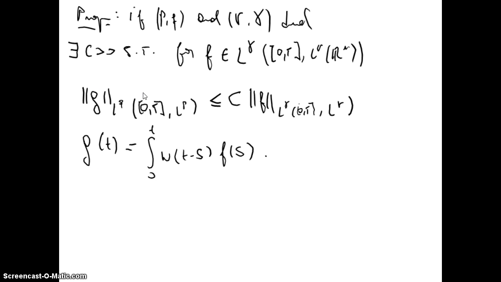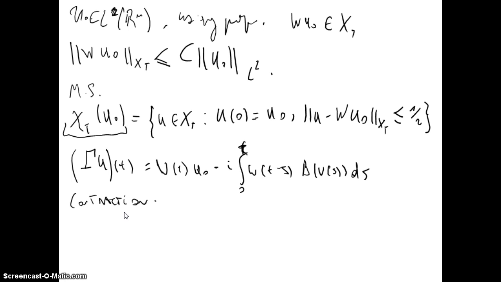So recall this proposition where we had that the norm of G in L^q L^p is less than or equal to C times the norm of F in L infinity L gamma, where (p,q) and (r, gamma) are an admissible pair and a dual admissible pair. And we will use that (2,1) is an admissible dual pair.